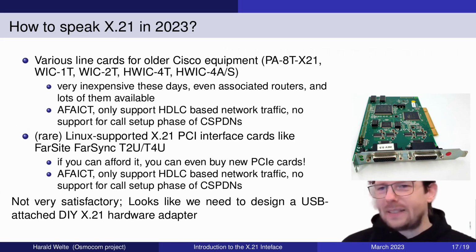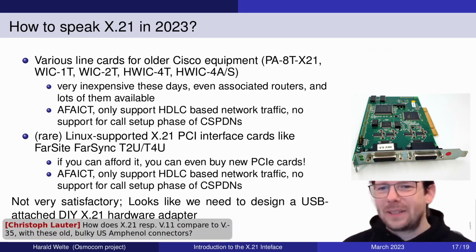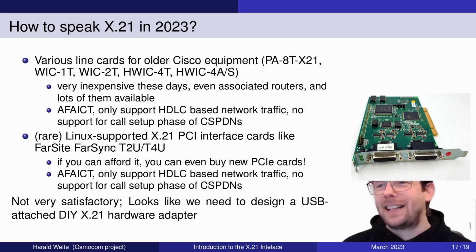So, what kind of interfaces can you find today to speak X.21? Christoph raises the question of how this compares to V.35 with these old bulky US Amphenol connectors. I didn't analyze it myself.